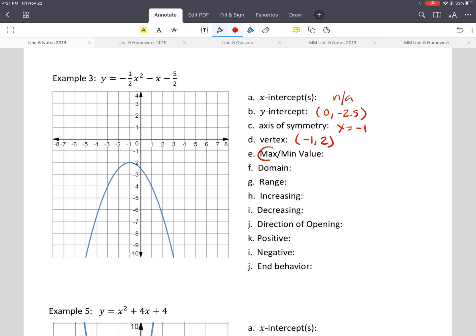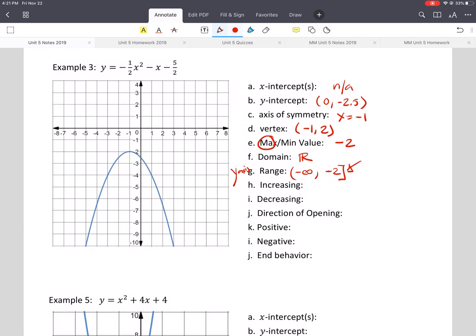Max or min, it's a max, and its value is negative 2. Domain is all real numbers. Range starts at negative infinity and goes up to negative 2, the highest value. Make sure you put it as a bracket. Range is the only one that uses the y-axis, and the only one that uses a square bracket in this situation.